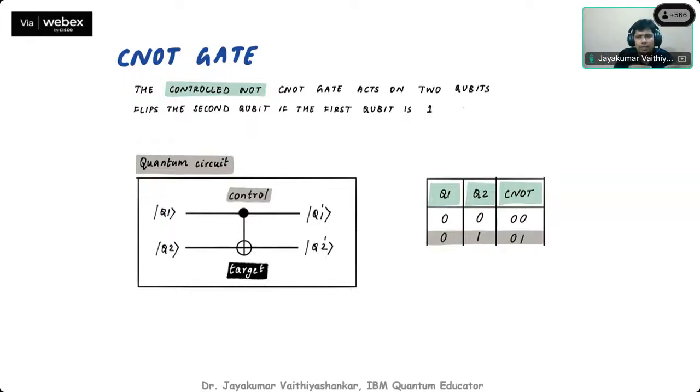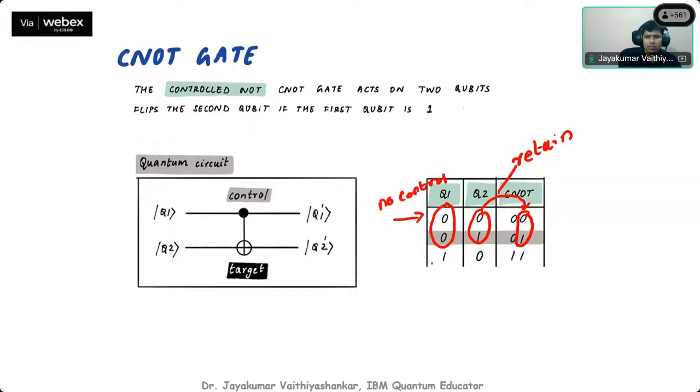The second case is Q1 is 0, Q2 is 1. Because Q1 is 0, Q2 will not get changed. So in these two cases, no control; the Q2 state will retain as it is.